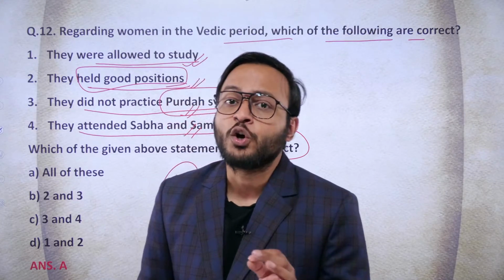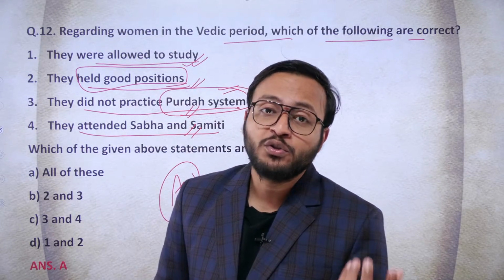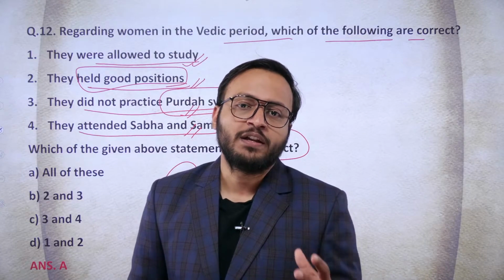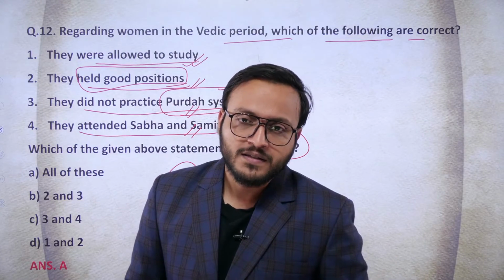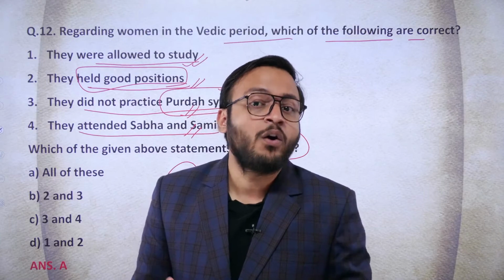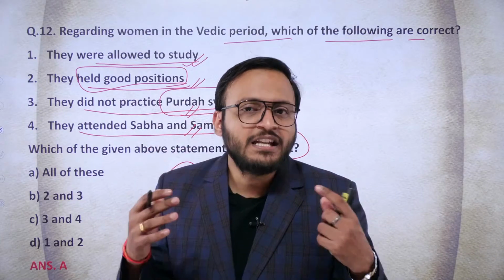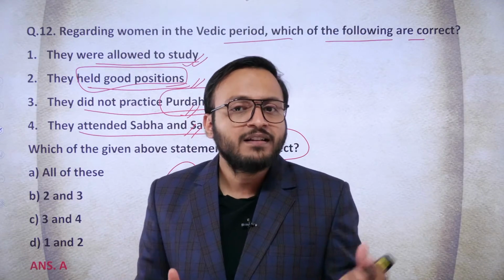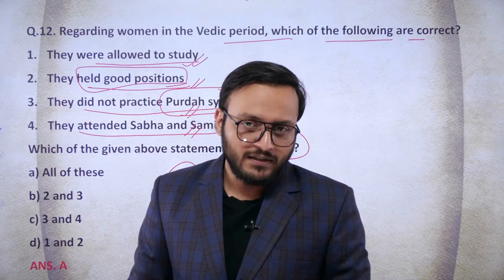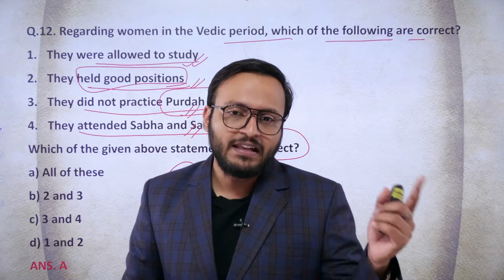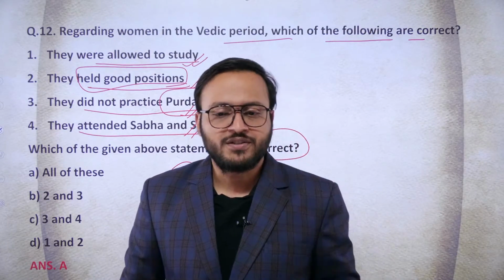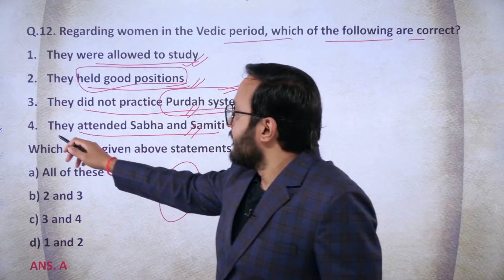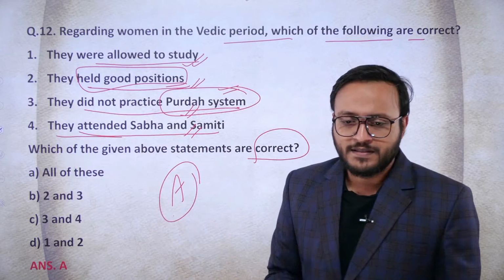However, some historians also claim that during the Huna invasion as well, the Central Asians introduced the system of veils or parda. Veils basically means ghunghat. So the ghunghat or the veils was introduced through the Central Asian invasions and later on through the Islamic invasions. Okay, everyone. Now here they attended the Sabha and Samiti, of course that is correct.